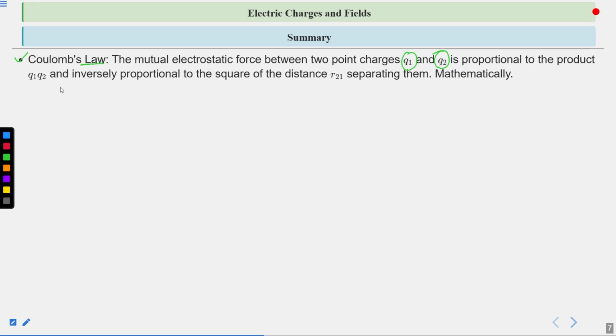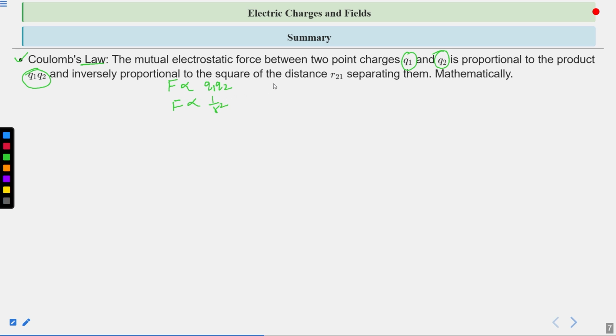F is directly proportional to the product of these two charges Q1 and Q2 and inversely proportional to the square of the distance that separates the charges.